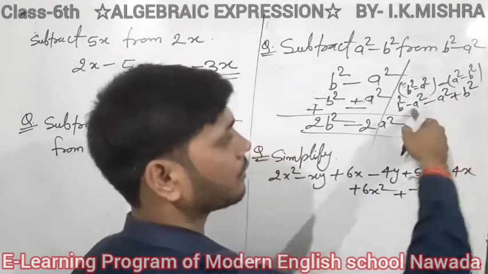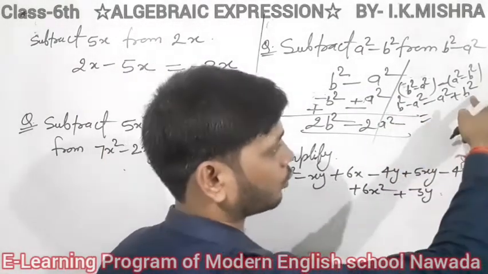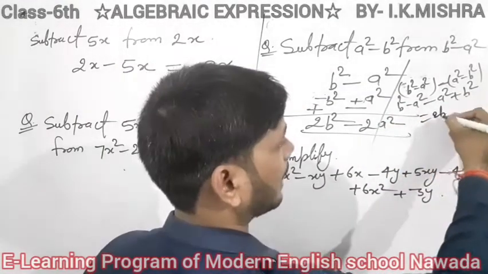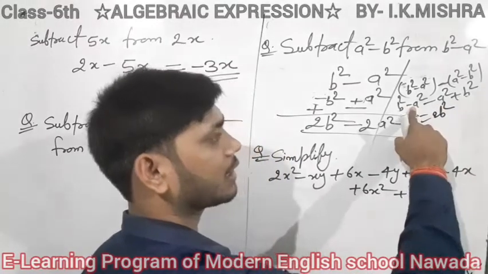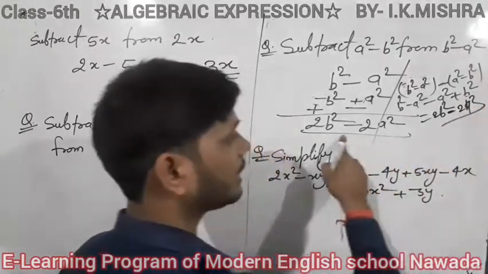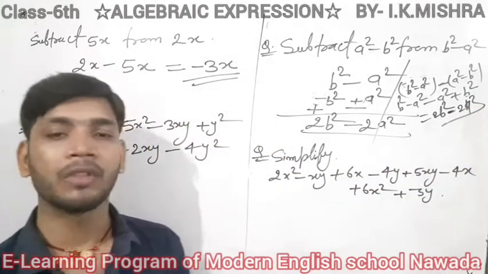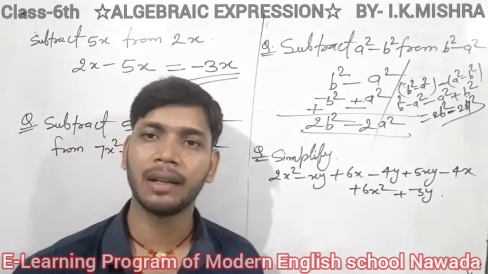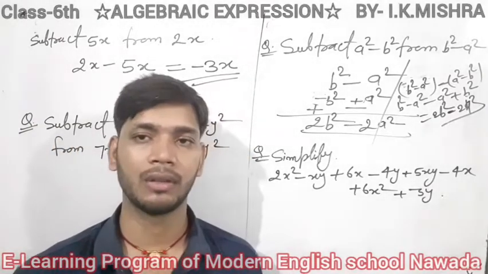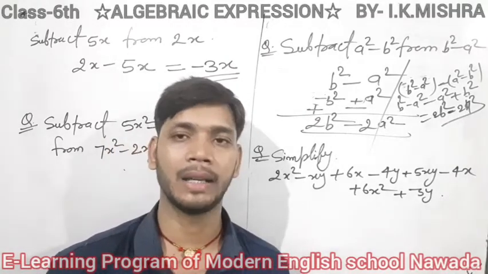And then its like terms will be at the same place. So b square and b square, here 2b square, and minus a square minus a square, minus 2a square. So both answers are the same. Similarly, students, you can add or subtract any expressions as given in your exercise.